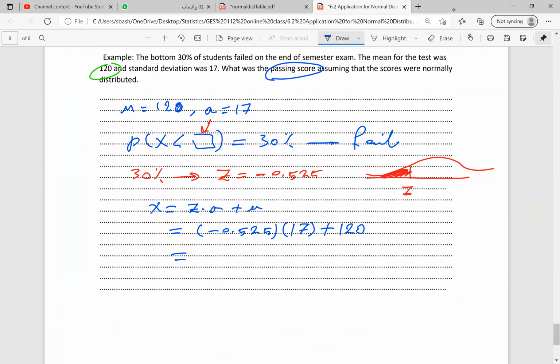This is equal to, using the calculator, I will have minus 0.525 multiplied by 17 equal to 8, and this is plus 120. It will be 111, or approximately 111.